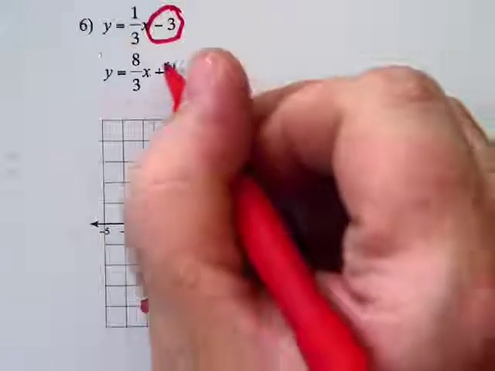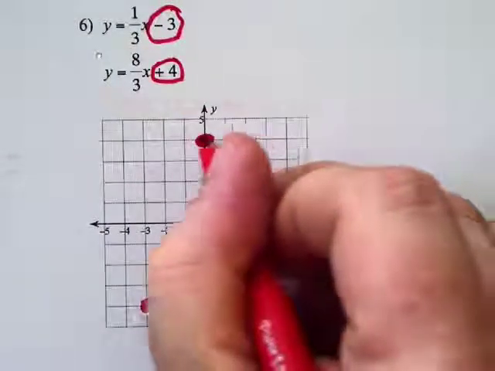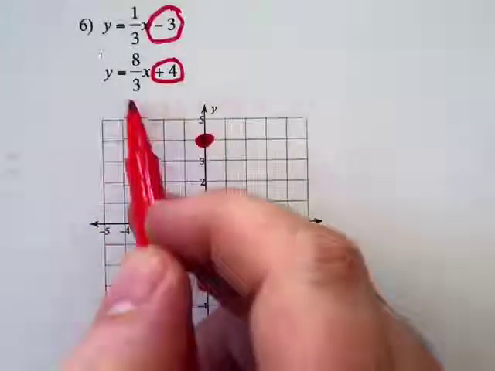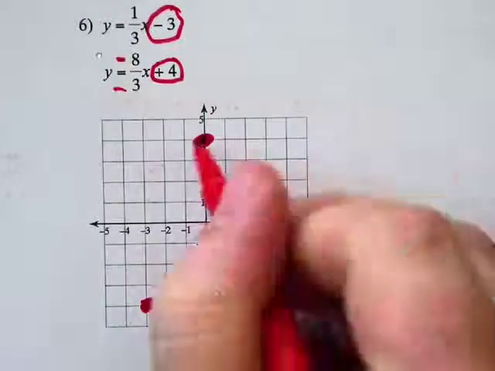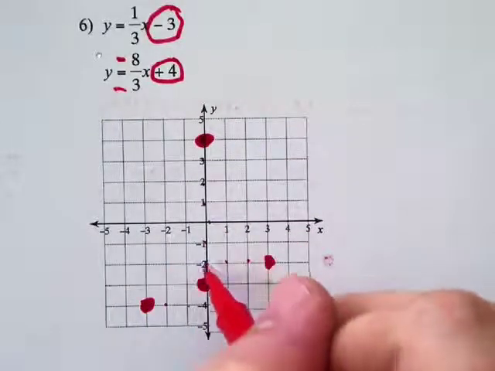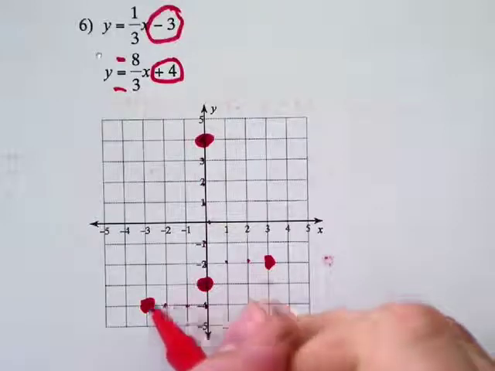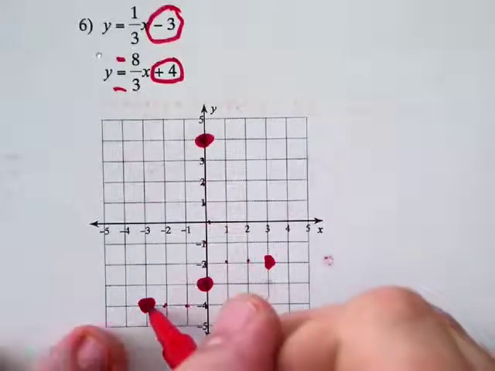So now let's go to this next one. Y-intercept is at 4. And we have a rise of 8 over 3, but I can't go up 8, so I'm going to change both of those to negative and go down 8. 1, 2, 3, 4, 5, 6, 7, 8, and over 1, 2, 3. And I land right on that same point. So that's my answer.